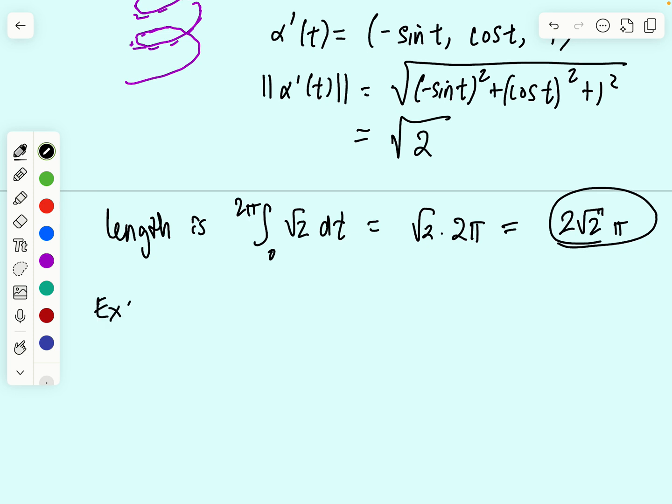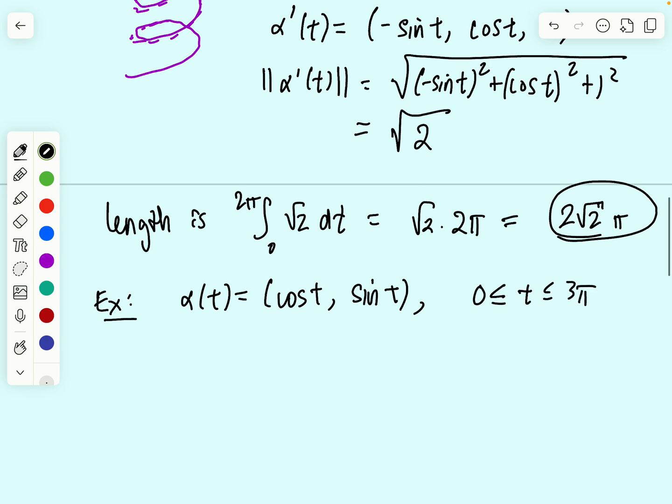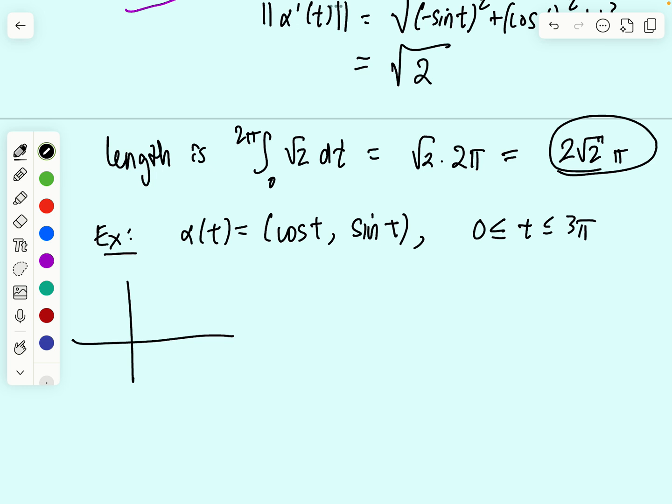Okay, let's do another example. Let's just say that you had a circle. So let's say you had alpha of t equals cosine t, sine t, but let's make t go from 0 to 3 pi. What that's going to do is, you start at 1, 0, and then you go around counterclockwise once, and that's from 0 to 2 pi. But now you're going farther, from 2 pi to 3 pi, and so that's going to go around the circle half of the way.